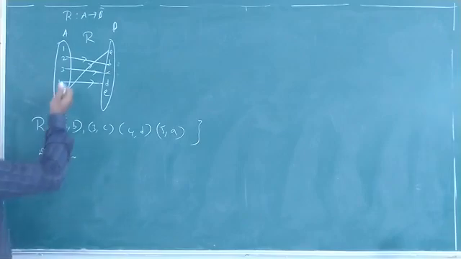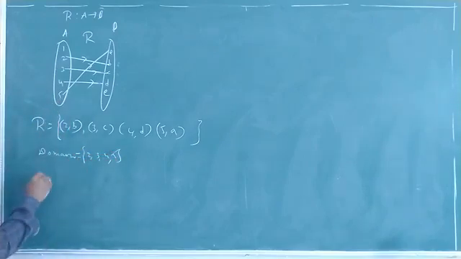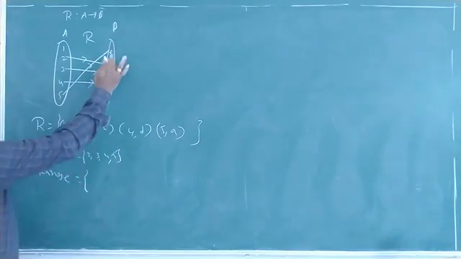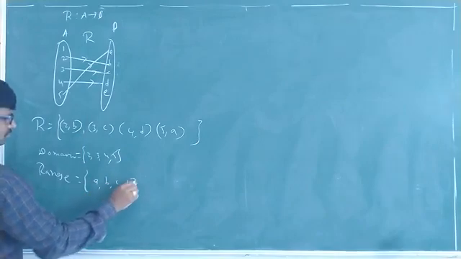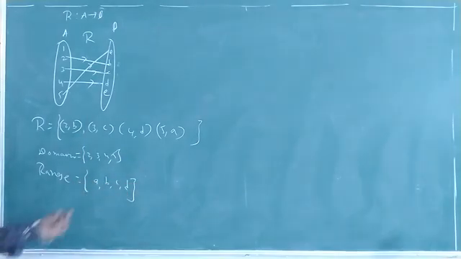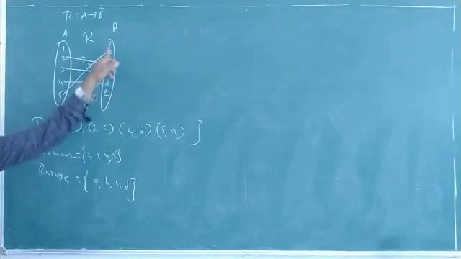Domain means the first elements: 2, 3, 4, 5. Range is equal to A, B, C, D. It is a set, so you can write it in any order, no problem.